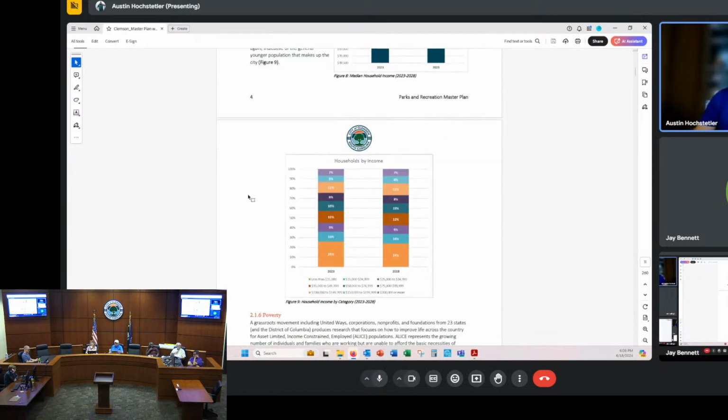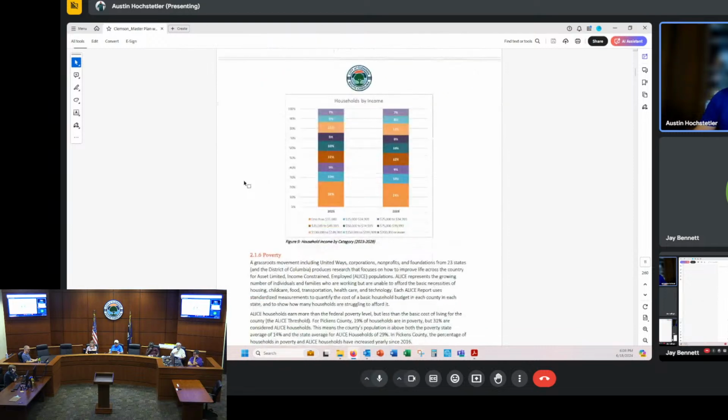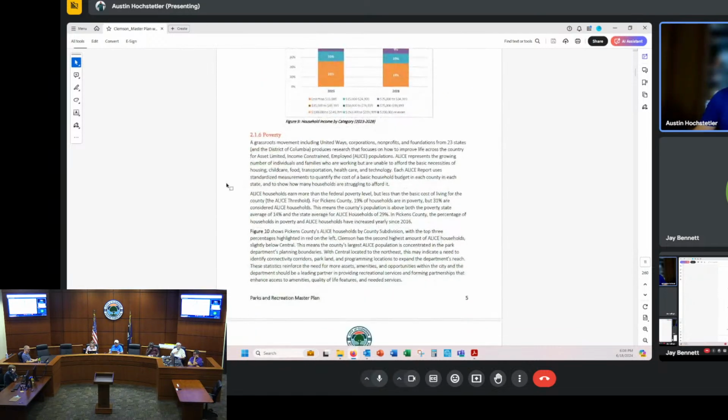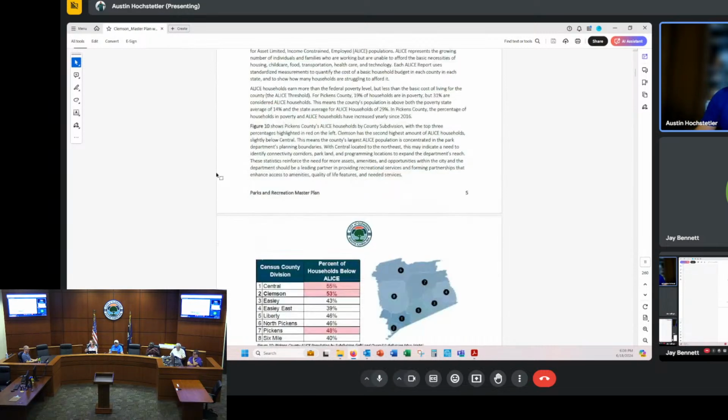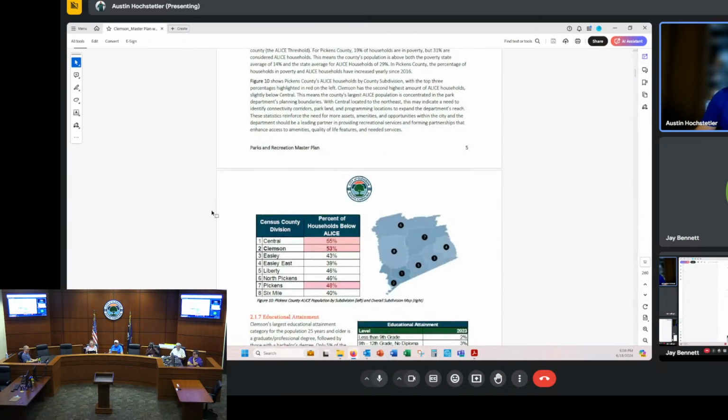It also covers household income statistics. We go into a lot about finances, but one thing I want to bring your attention to here is section 2.1.6, poverty, because it's a statistic that is typically looked at in terms of the poverty level. But for you in particular, we actually went in and looked at the United Way.